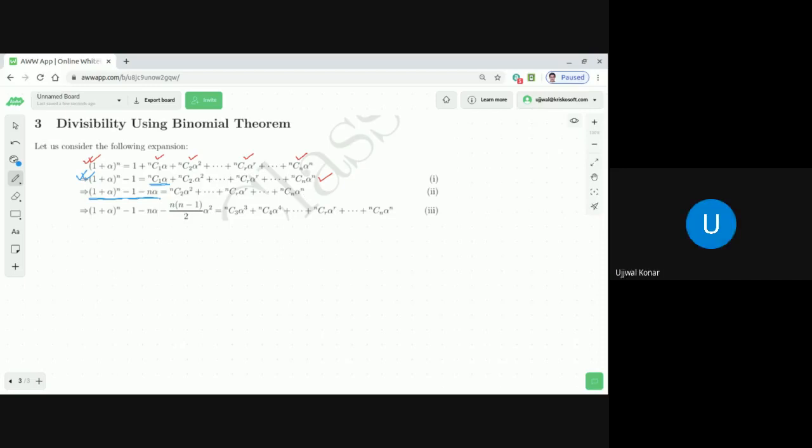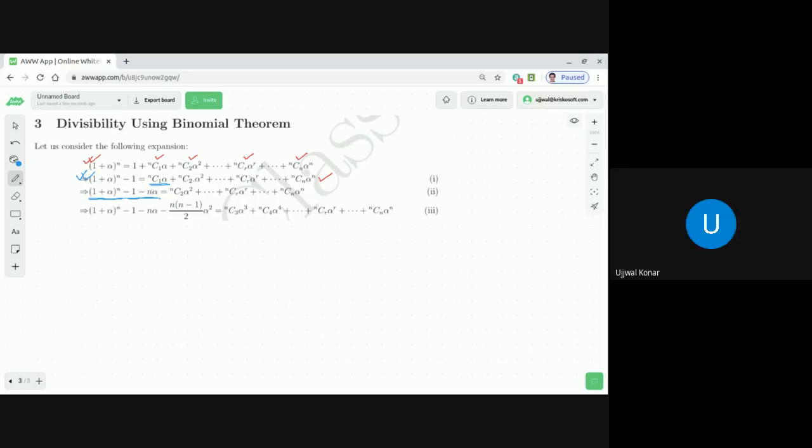The right hand side is divisible by alpha square, because alpha square is multiplied with each of the terms.